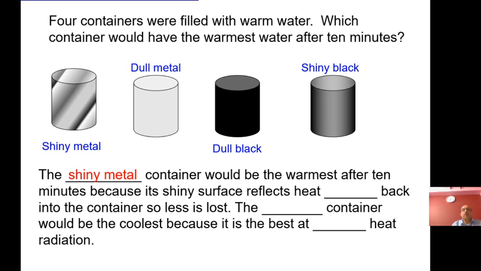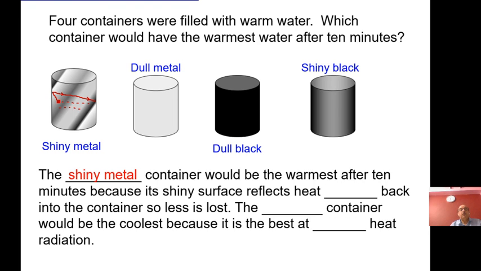The shiny metal container would be warmest because it has good reflectance and the water is inside this metal container. The water molecules which are having heat will give radiation to the wall of the container, and it is a very good reflector as it is shiny metal. So the radiation will come again inside the container.